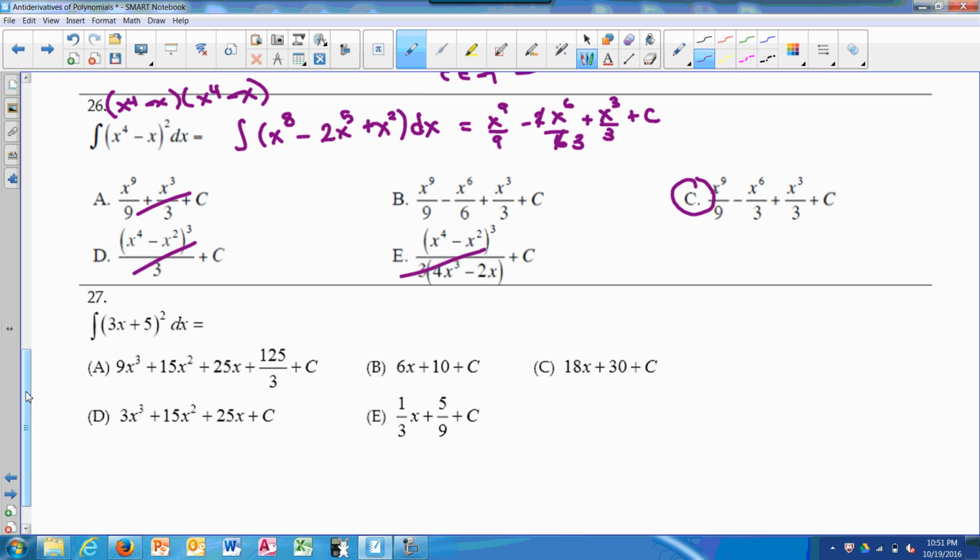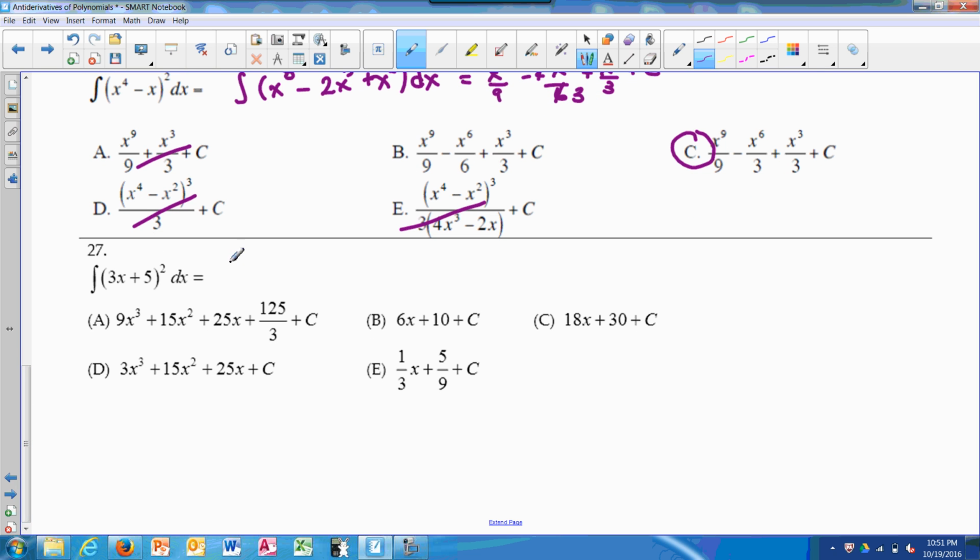Similarly, we can FOIL out this perfect square. So we get 9x squared plus 30x plus 25 dx. So when we integrate, we have 9 x cubed over 3 plus 30 x squared over 2 plus 25x plus c.